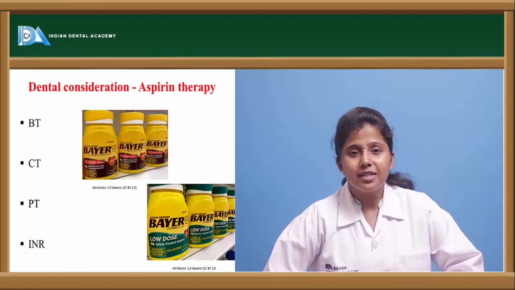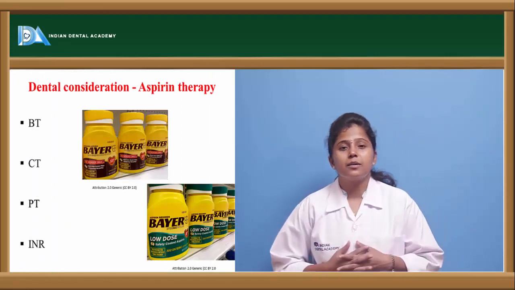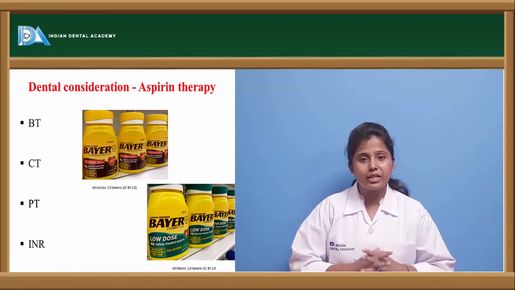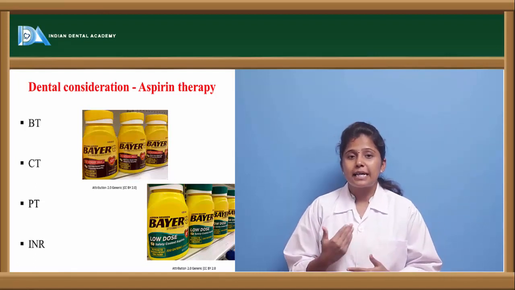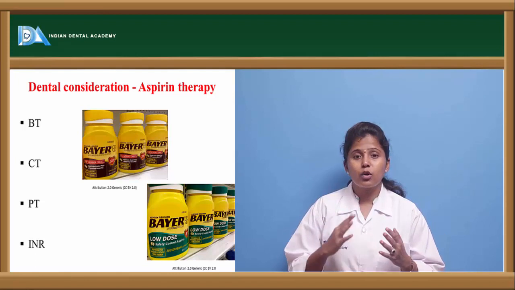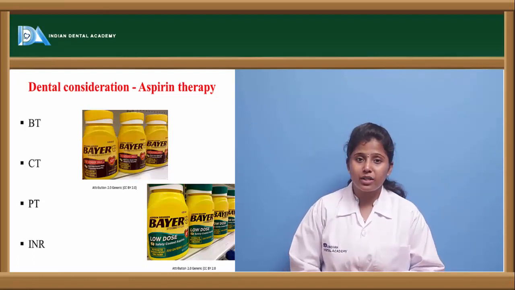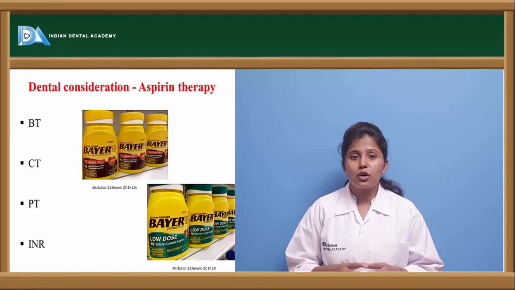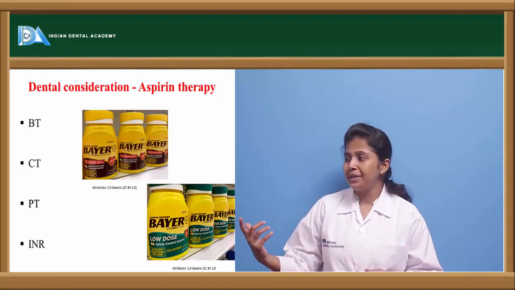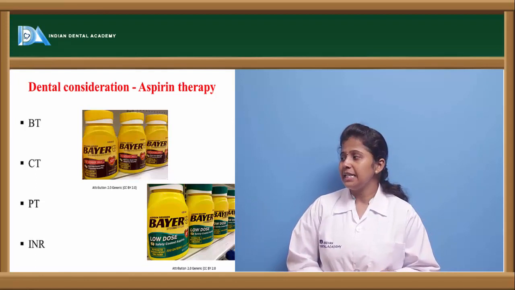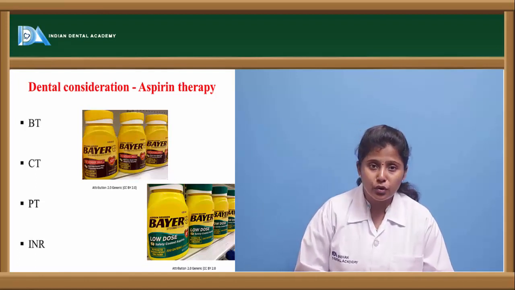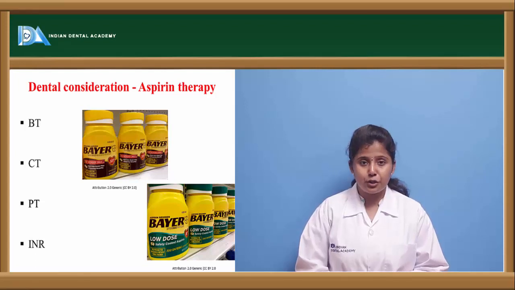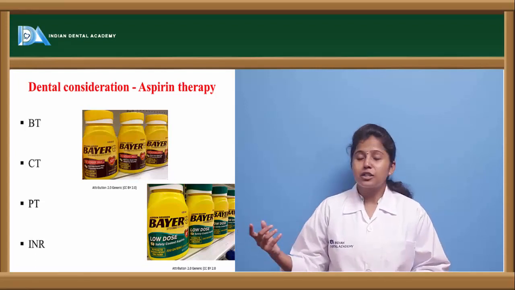Now the dental considerations: what precautions and considerations we have to make while giving dental treatment to a patient on aspirin therapy. We have to note features like BT, that is bleeding time, CT, clotting time, PT, prothrombin time, and INR, the international normalized ratio.